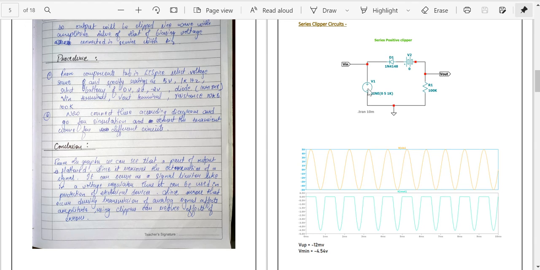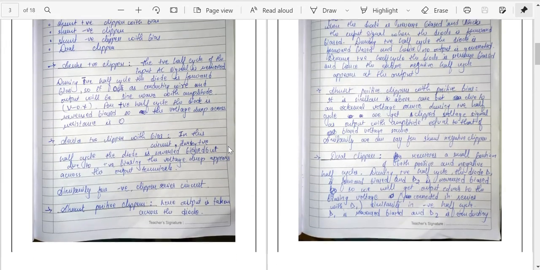Then for the negative half cycle, the diode is forward biased, and we will get an output across the resistor. We will get an output like this. As you can see, since the upper portion is clipped here, that's why it is called a clipper circuit.